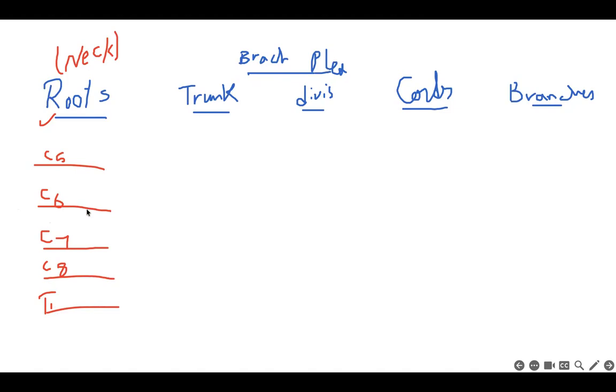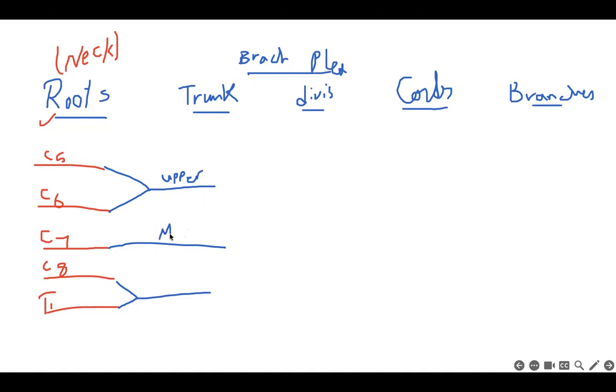What happens after that? To form the trunks, C5 and C6 unite together and form a trunk. C7 does not unite, it will form another trunk, and C8 and T1 unite to form the third trunk. We have 3 trunks. The upper trunk, C5 and C6.